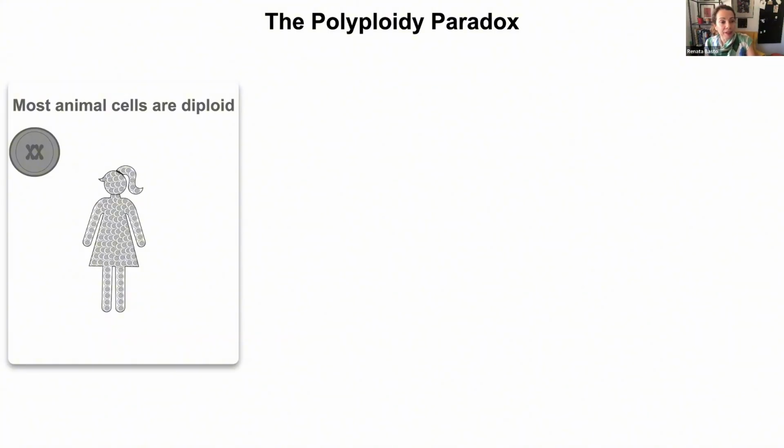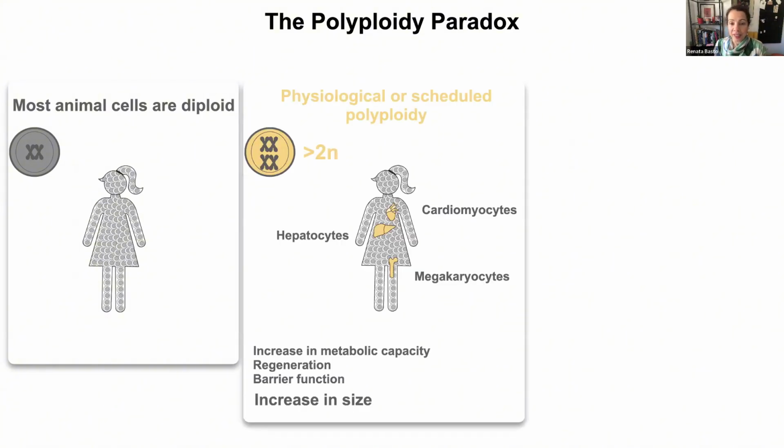So as you probably know and are convinced by the first part of this talk, most cells are diploid, meaning that they have 2 copies of all chromosomes, and there are exceptions to this, such as physiological or scheduled polyploidy, where certain cell types, such as cardiomyocytes, hepatocytes, and megakaryocytes, increase the number of chromosomes they contain, but in a very balanced manner, because all chromosomes here are actually present in multiple copies.